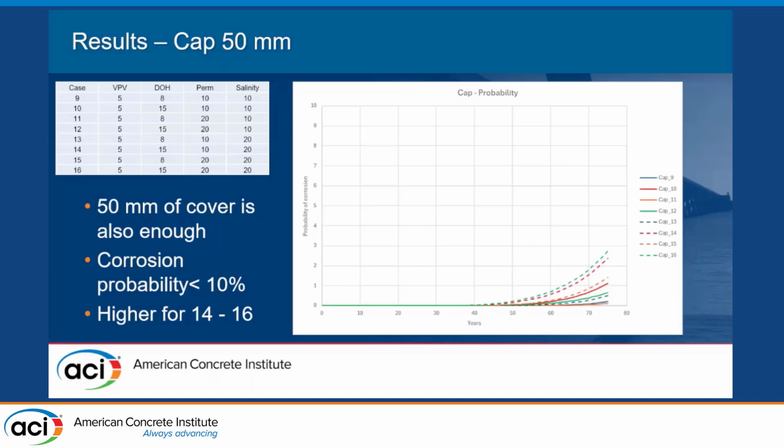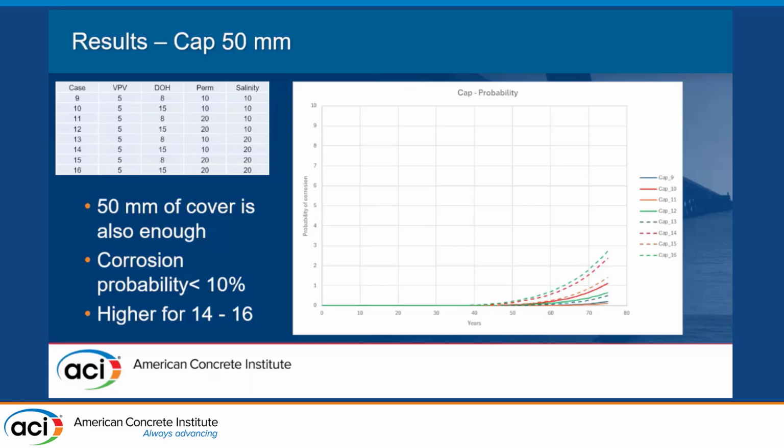And we see that we have a little bit higher probability of corrosion for case 14 here, and case 16. These are the ones with the highest variability on the diffusion coefficient and the salinity. So that might be expected, because if I increase the variability of my diffusion coefficient and of the salinity of the water, I may get a higher probability of corrosion.